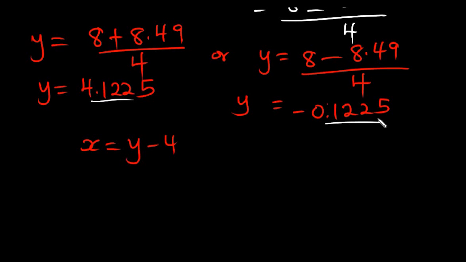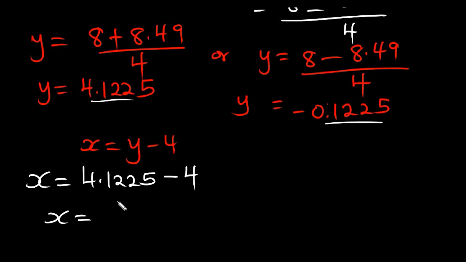So let's start with the first one. When y is 4.1225, x would be equal to 4.1225 take away 4, meaning x would be 0.1225.